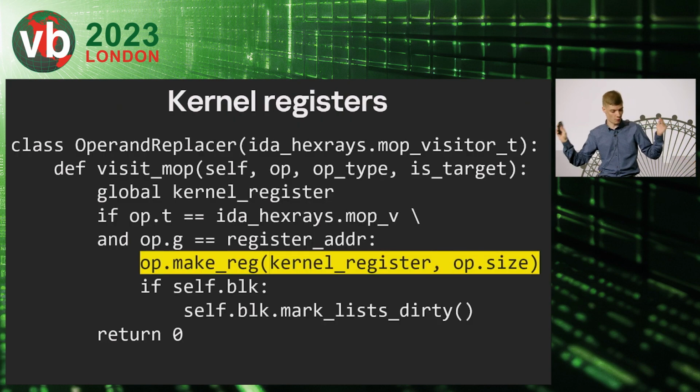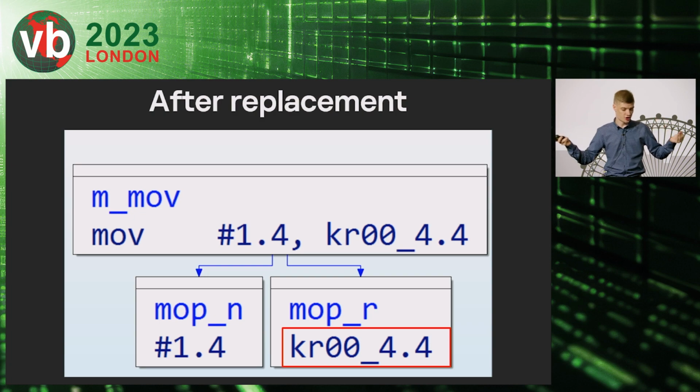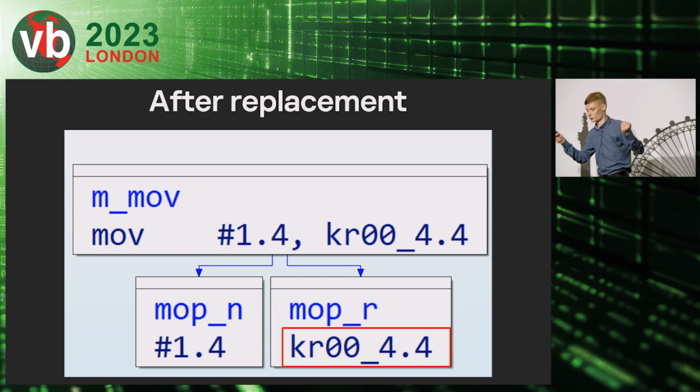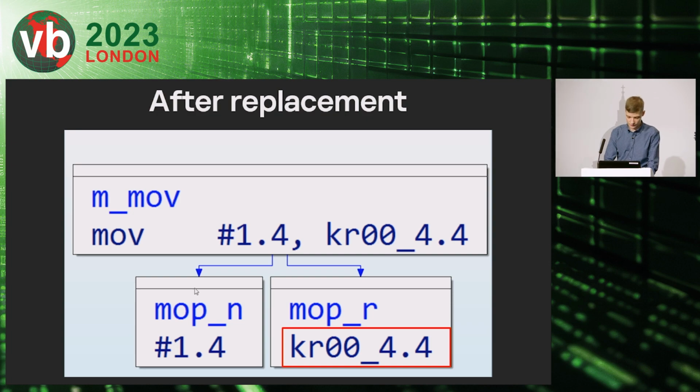And if we meet such an operand, we invoke the make_reg method, and we replace it with a kernel register. And if we run it, we'll see this. Now notice that the type has changed to mop_r. R means register. And what we see in the value is kr00. KR means kernel register.